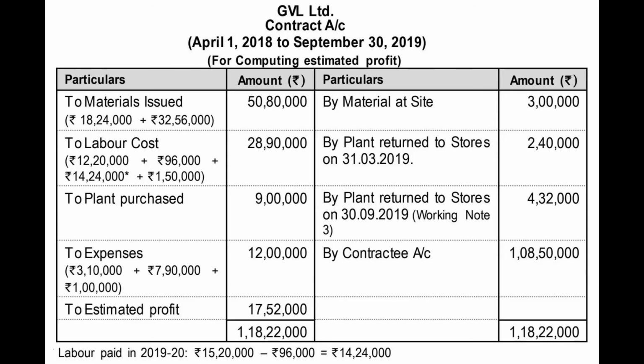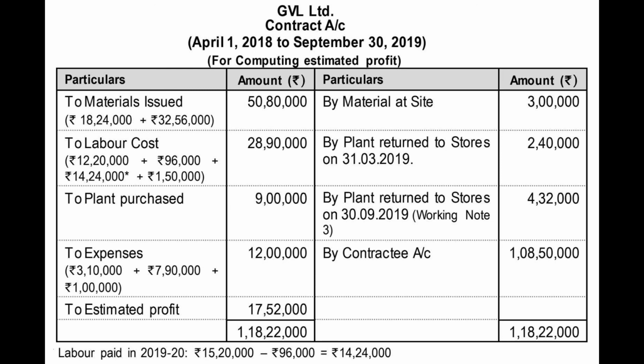Then the total contract price 1,08,50,000 should be taken on the credit side. Go to credit side, write by contractee account 1,08,50,000. Now we have to check whether debit is higher or credit is higher. Go to debit side, add all the amounts 50,80,000, 28,90,000, 9 lakh and 12 lakhs.